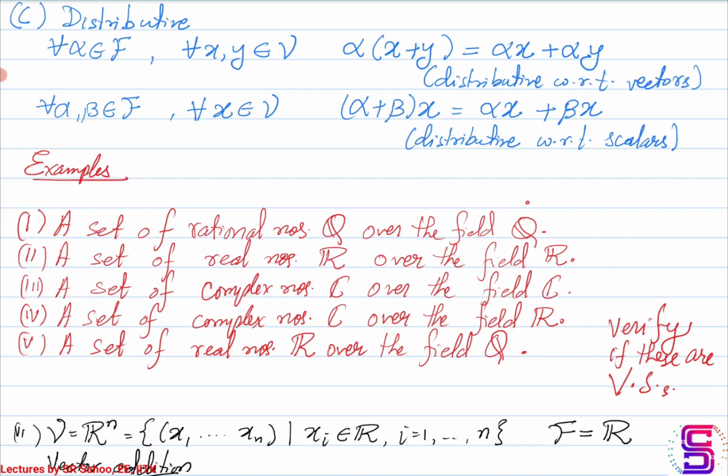The first example is the set of rational numbers over the field of rationals. Okay, so is this set of rational numbers over the field of rationals a vector space or not? The field here is the rational numbers and the set V here is the set of rational numbers. You take any pair of rational numbers, the addition of it gives you back a rational number.